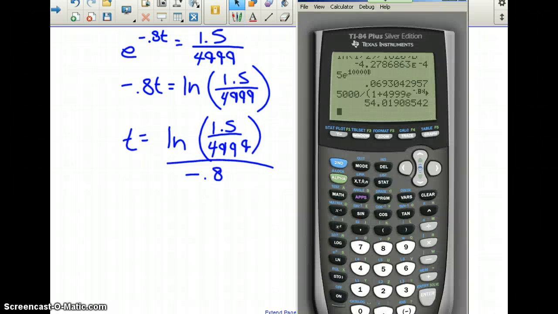I put this in the calculator. Natural log 1.5 divided by 4999 close divided by negative 0.8. That gives me 10 days.